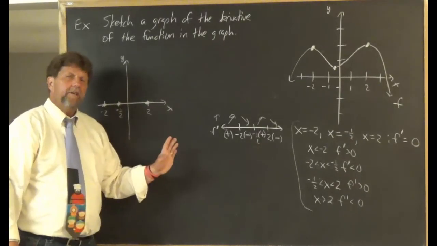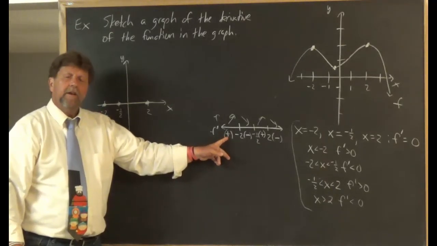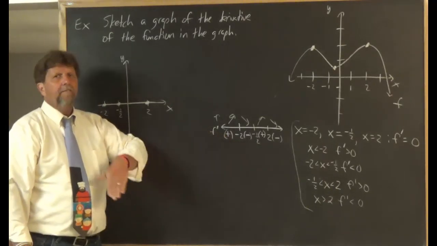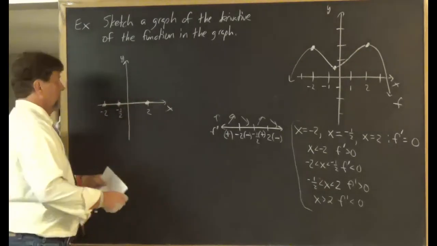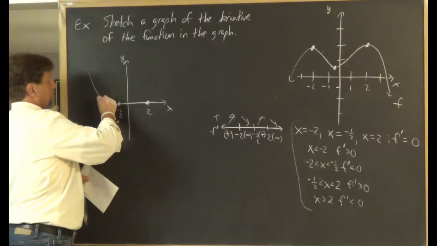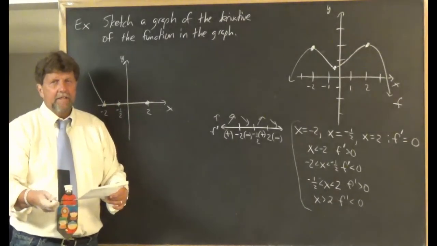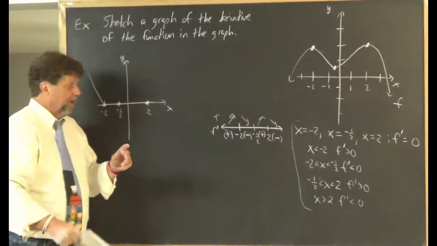Now in the interval -infinity to -2, the derivative is positive. If it's positive, that means its graph is above the x-axis. So from -infinity to -2, the graph is above the x-axis. At -2, it's going to hit the x-axis because that's where the derivative is 0.